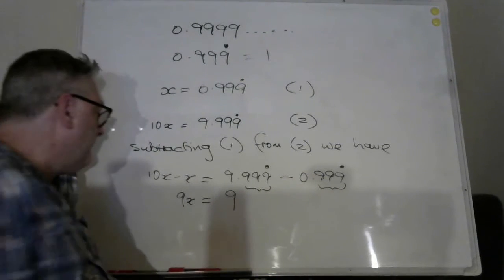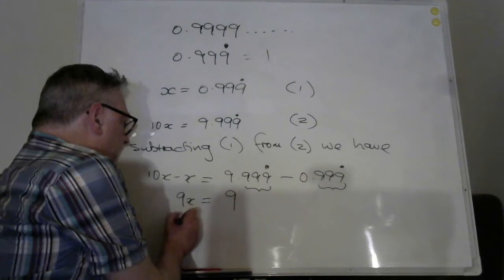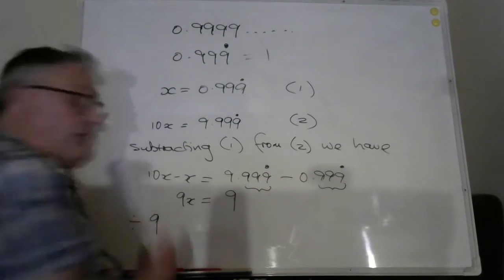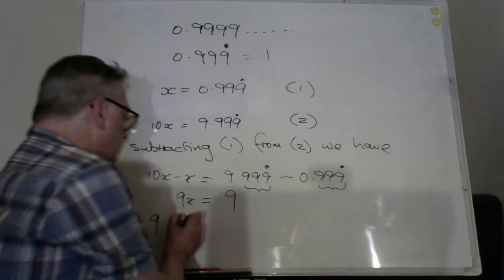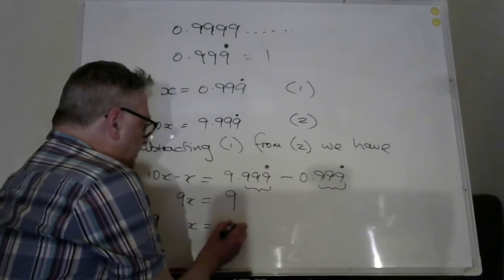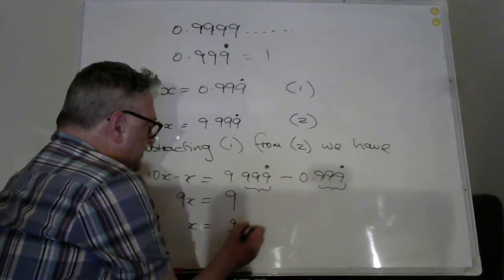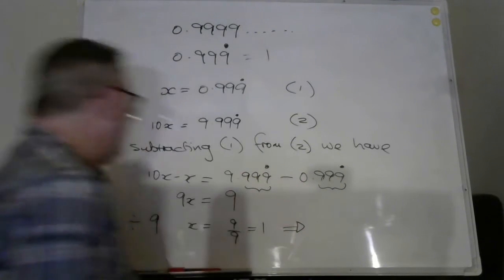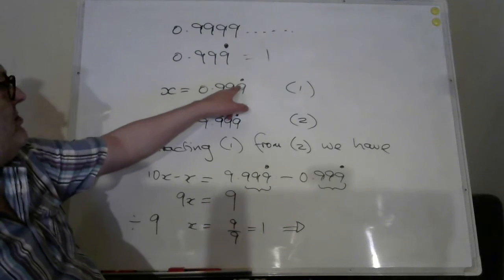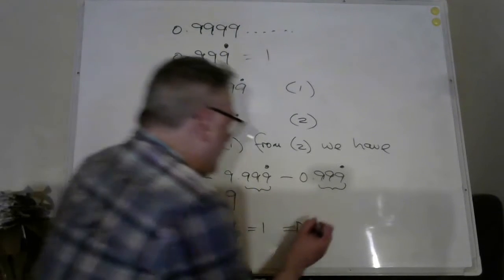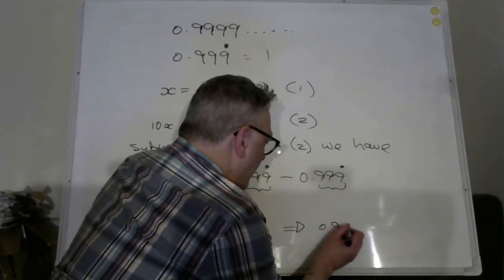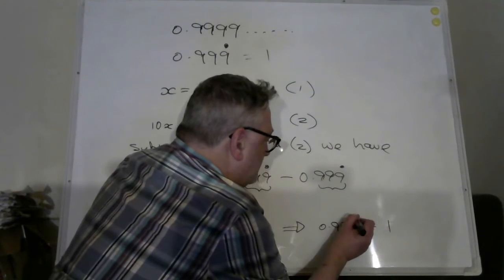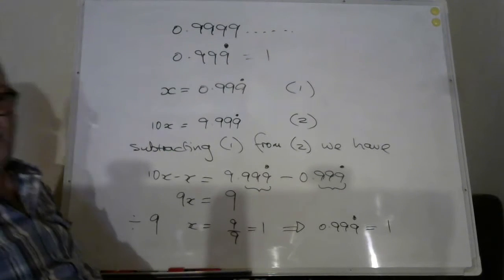Okay? So you can see that if you divide both sides by 9, you get x is equal to 9 divided by 9, which is 1. And this implies that since x is 0.999 recurring, then that is equal to 1.